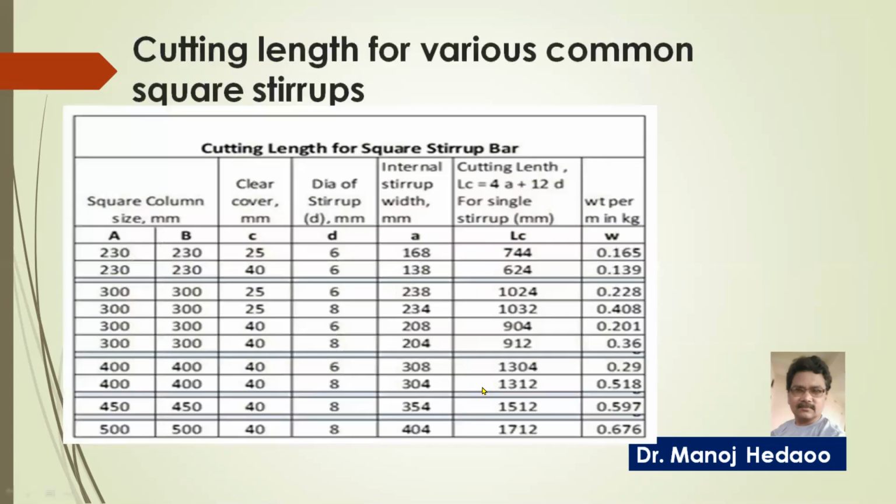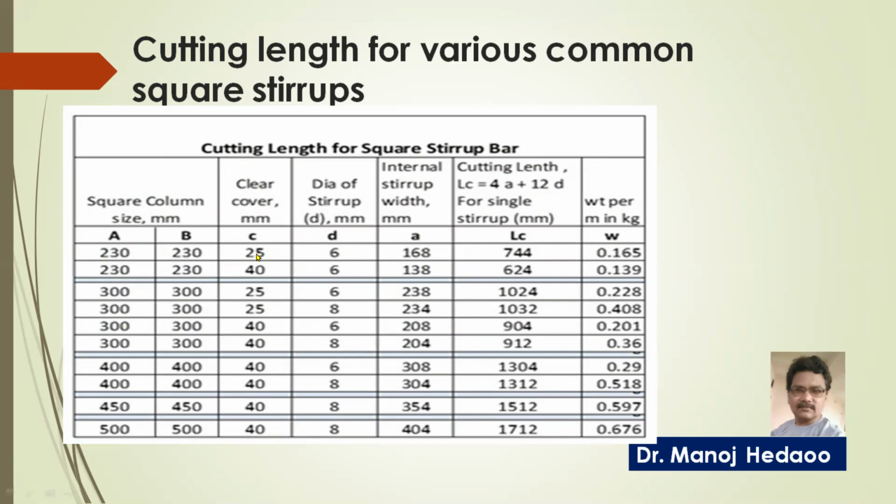Now here you can see the cutting length of various common square stirrups. So friends, here I have grouped some columns which are used in practice. So here 230 by 230.